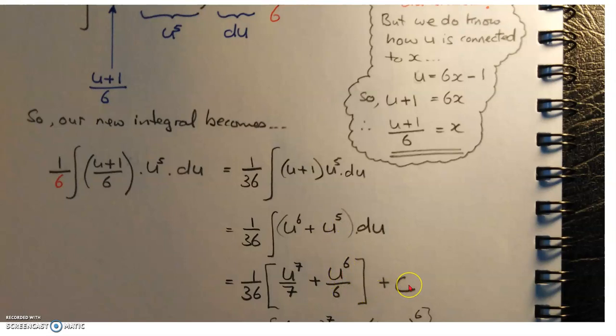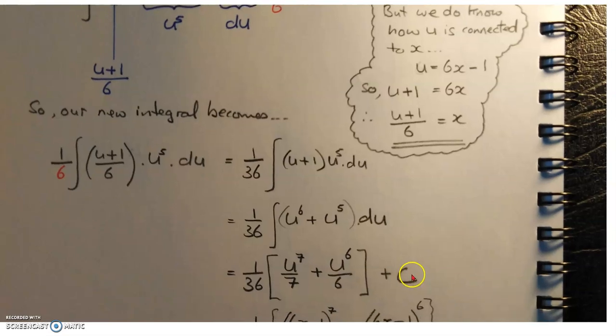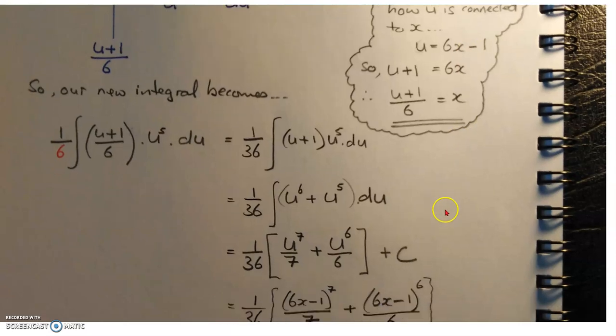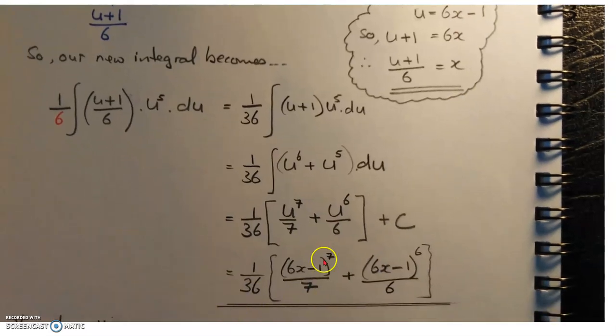Now we just replace the u's with the 6x minus 1, and our final answer looks like this: 1 over 36. What I want to point out is that after I've done the integration, I've enclosed everything in these square brackets.